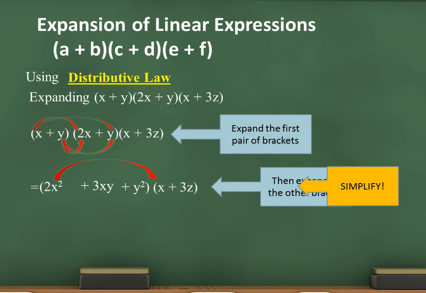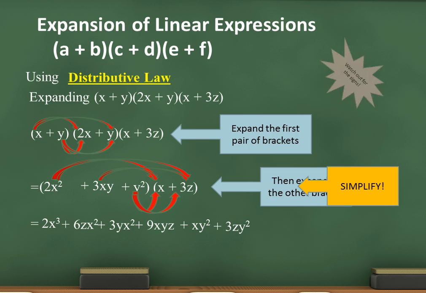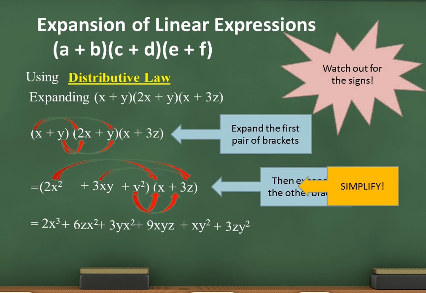Then I will do the expansion. Do you notice that it's a little bit easier? Again, the choice is yours: you can simplify as you go along or only at the last step. Your answer should still be the same.